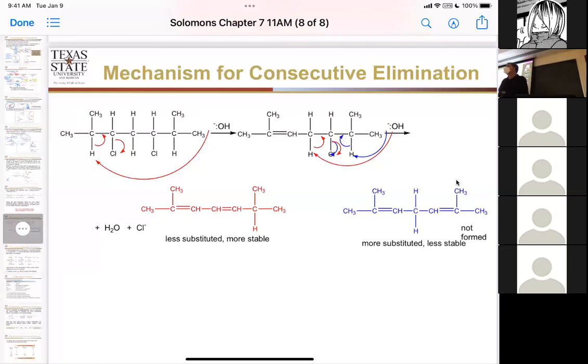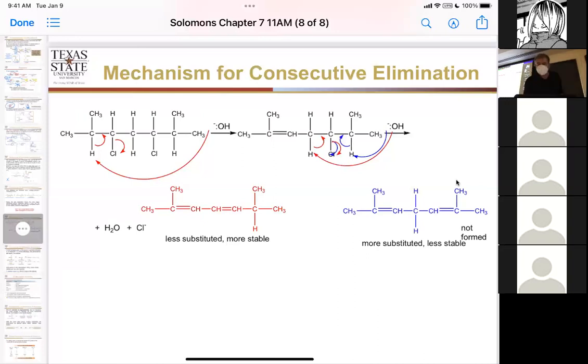The reason we go for that is that this is now an allylic position. This is allylic. This is a more acidic hydrogen than this, and therefore it's going to go into that conjugation state to give us the less substituted but more stable product, because these are in conjugation where these are not.